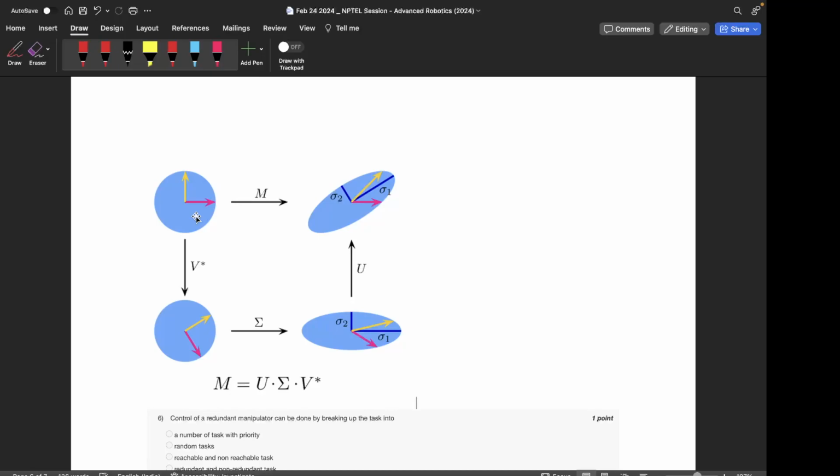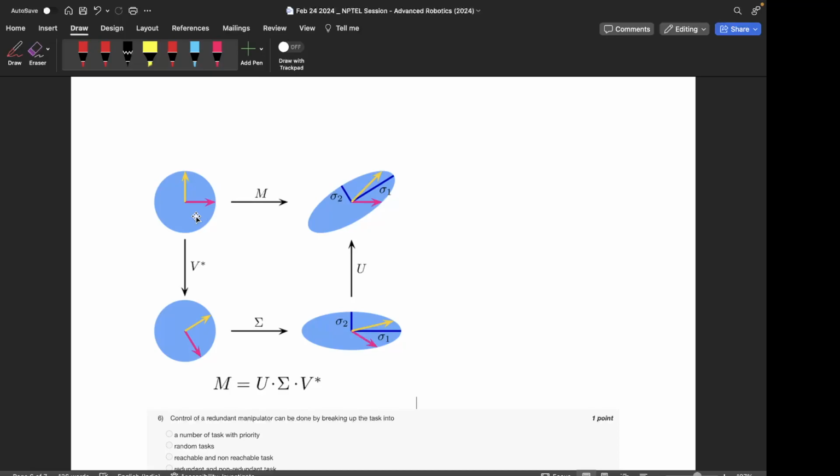It can be a flat matrix, in which the number of columns is more than the number of rows, so it looks flatter. And it can be a tall matrix also, which has more rows and fewer columns. They are loosely called flat matrices and tall matrices. So M can be any matrix, right?